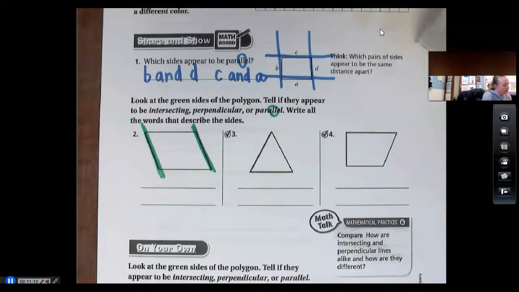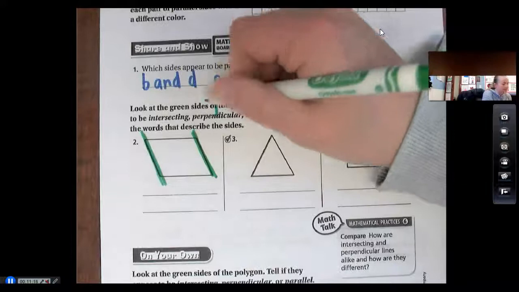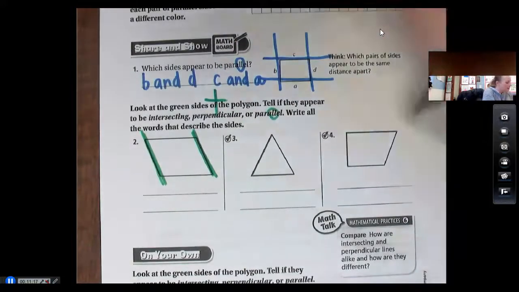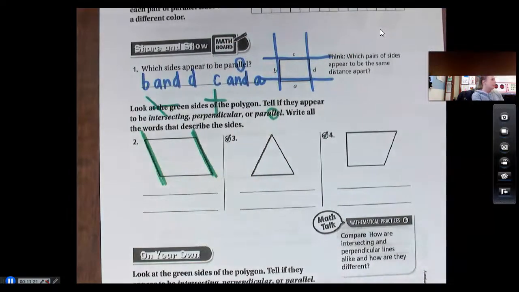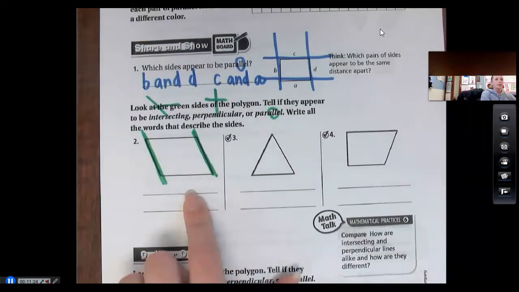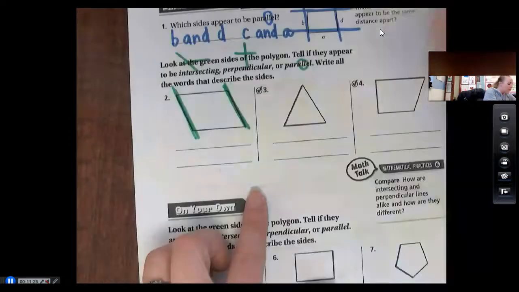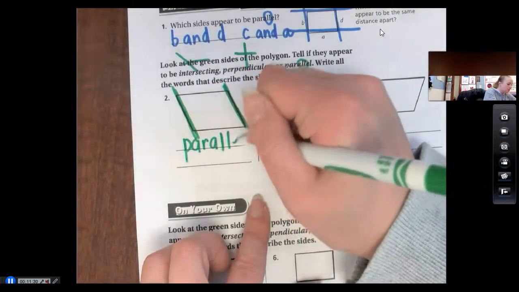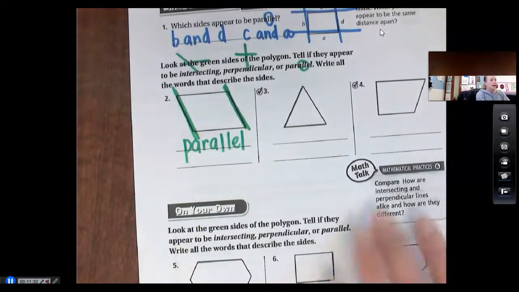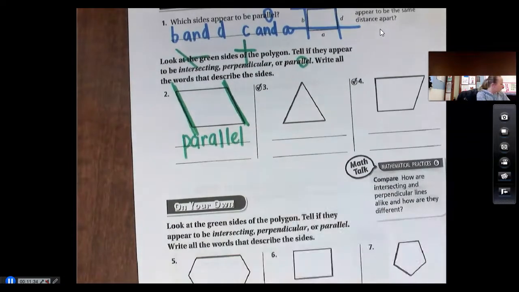Do they look perpendicular, perfect T's? Or do they look intersecting? They will cross anywhere. What do you think? Those lines are parallel. Those lines will never ever touch. All right, kiddos, write parallel.